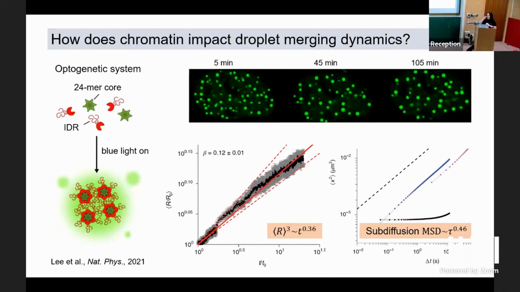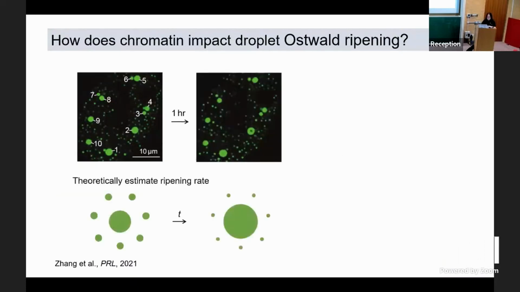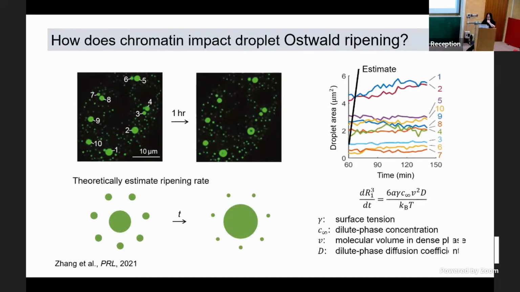You have to shine light to induce the phase separation. So suddenly you tune the system into a supersaturated situation, and depending on how you shine your light, you can create different patterns. Essentially that's what we see, which is quite different from the theoretical expectation.